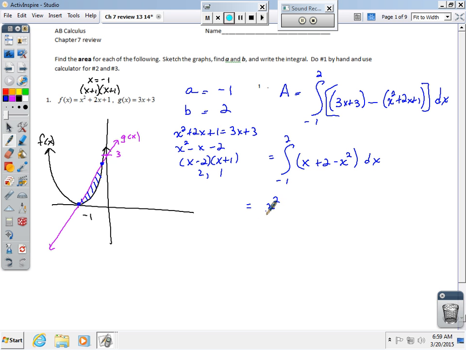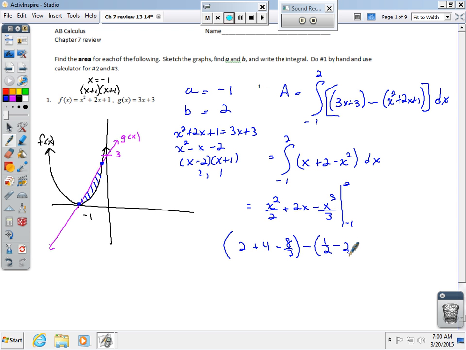All right, now I can integrate. So x squared over 2 plus 2x minus x cubed over 3, and integrate from -1 to 2. All right, so f of b minus f of a. So the first thing we'll do is put 2 in, so that's 4 divided by 2 is 2, plus 4 minus 8/3, minus, if I put -1 in, that is going to be 1/2, minus 2.